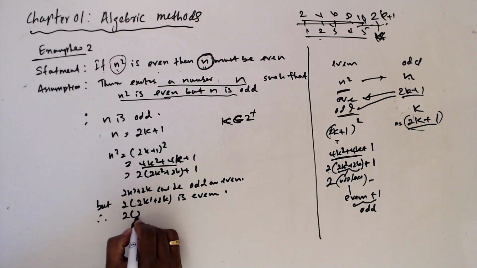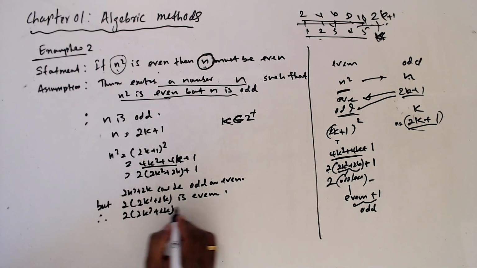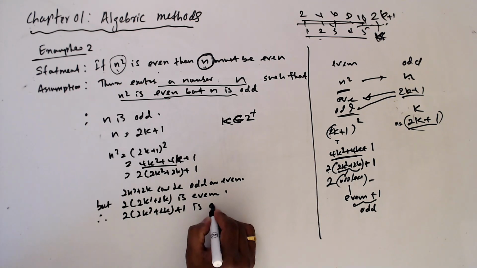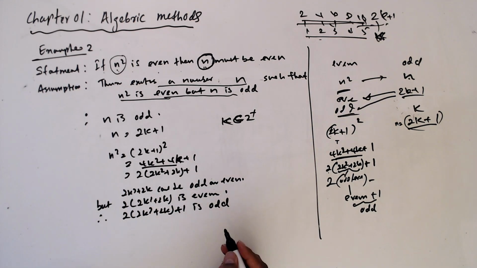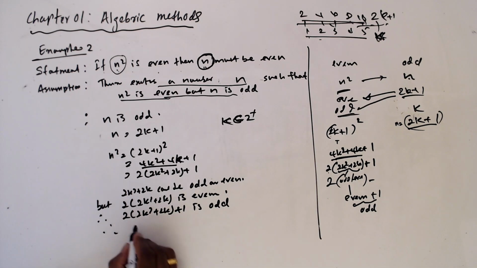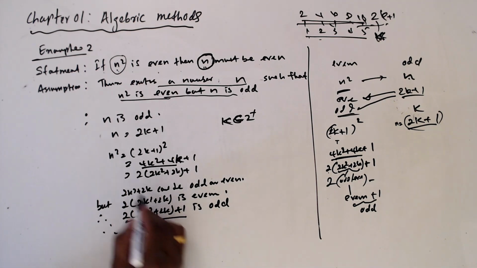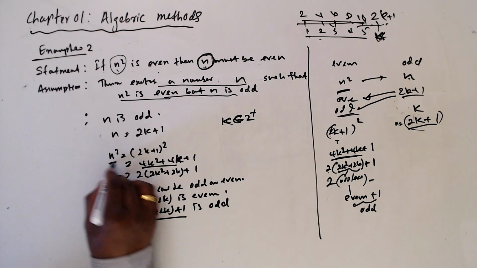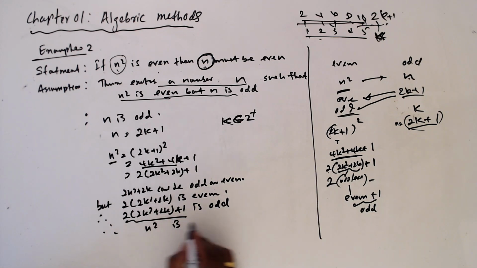Hence 2 times 2k square plus 2k plus 1 is odd. Hence n square is odd.